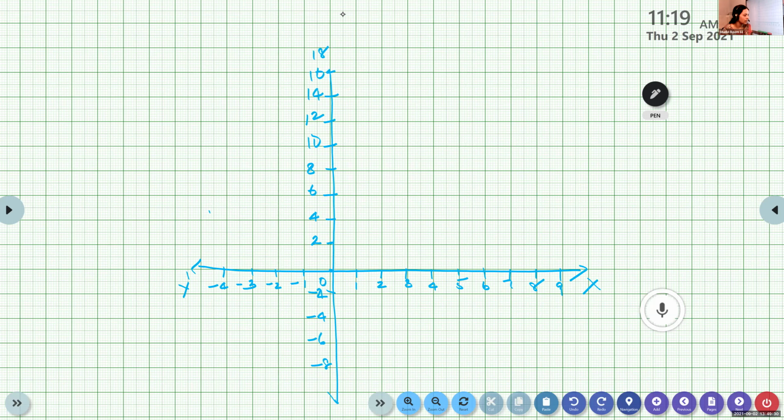Now plot the points. Which are the points there? Read the points given there. Yes, Vishnupriya, read the points. X is -3, y is 40.